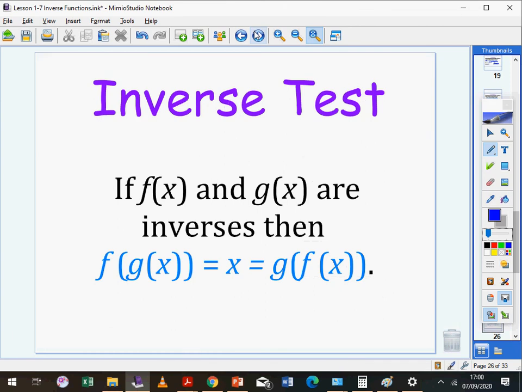So how do you test if two functions are inverses of each other? It so happens that if two functions are inverses of each other, then the composite function f of g of x will equal g of f of x, and both of them will be equal to x. We're going to see some examples.